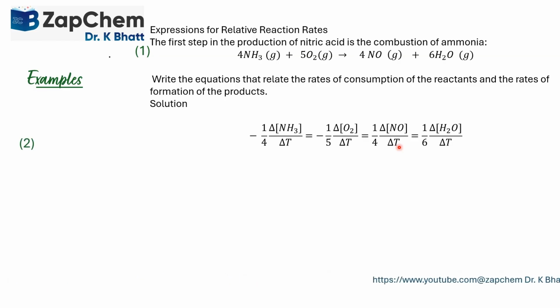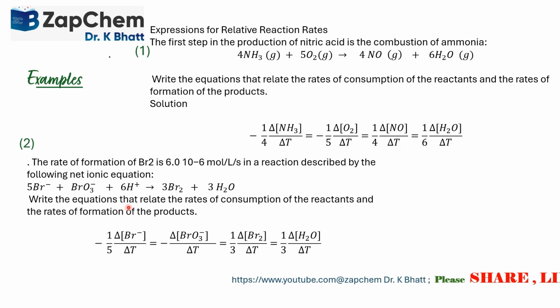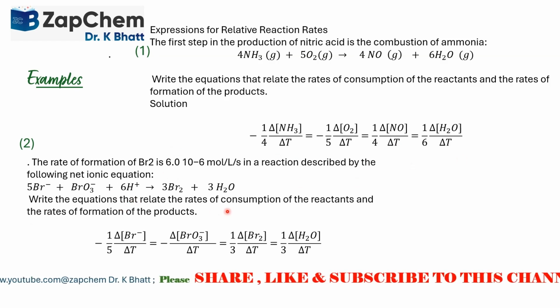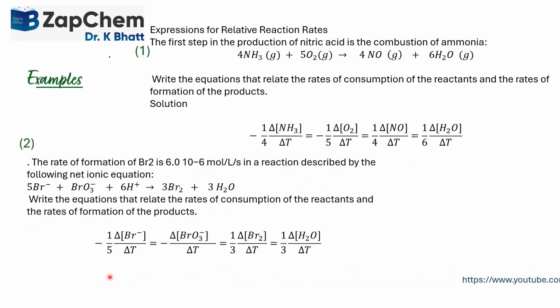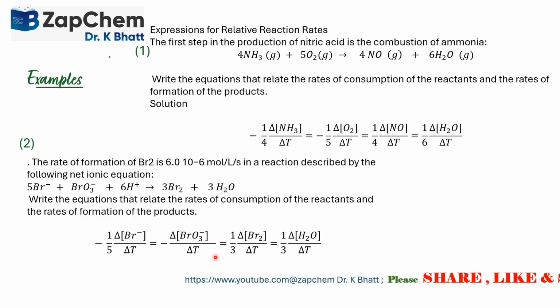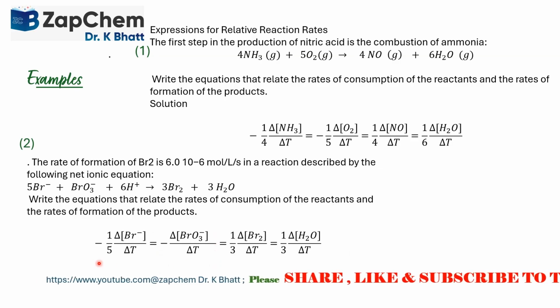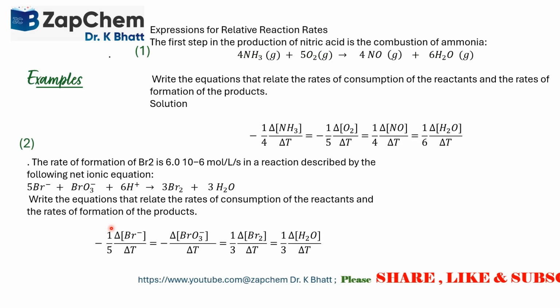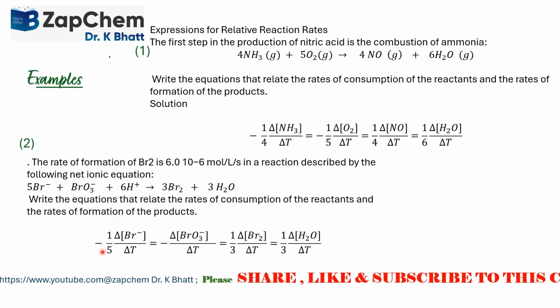Let us take another example where certain data is given, and there is an ionic reaction. The same way we can write down the rate of the reaction here. What is more important is that if you represent the rate of a reaction with respect to change in concentration of the reactant, then it is negative.